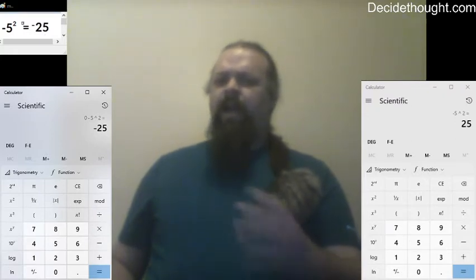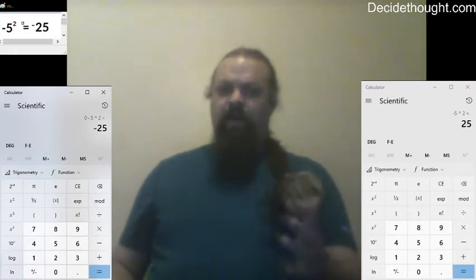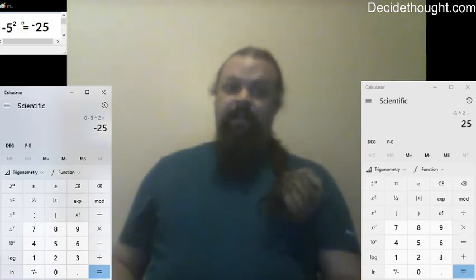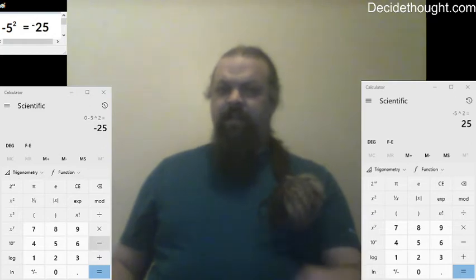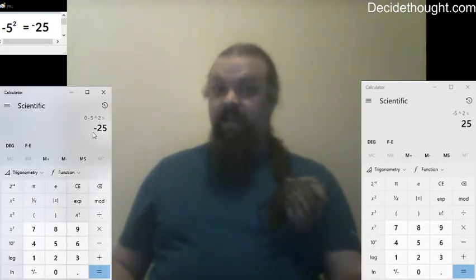So how do we end this argument of which one is the right answer? Well, take a look back up at this area, this formula. Minus 5 squared equals, wait a minute, the minus and the negative are different. Let's test this part out. So we already have it on the calculator. Minus 5 squared equals negative 25.